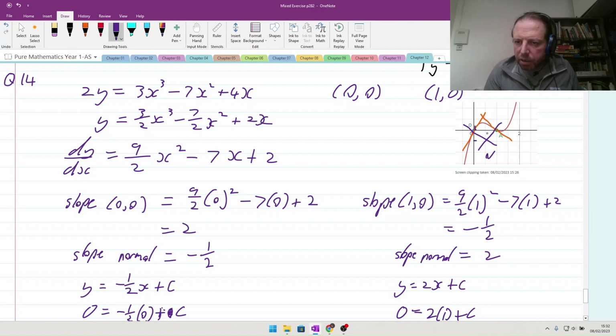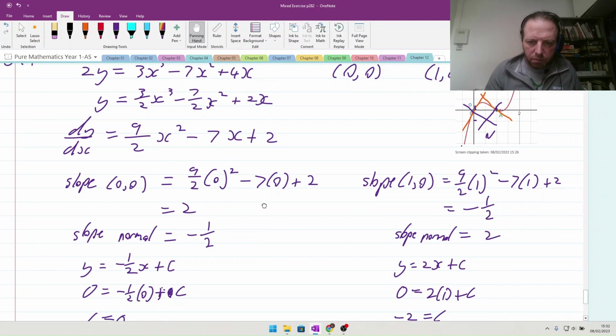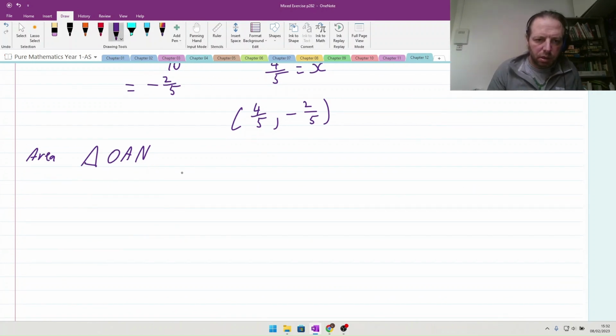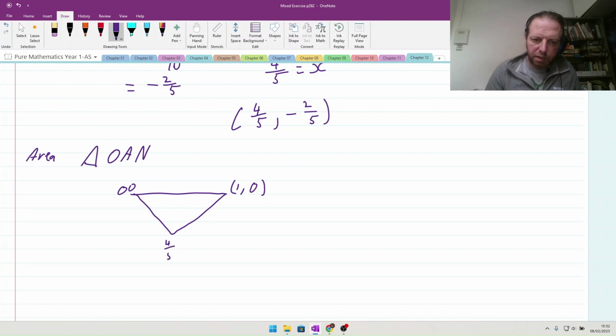So we know the height, we know the distance. Okay, so we can find out where we are, because that's 1. Okay, let's have a little look. So the triangle is like this, and we've got 0, 0, we've got 1, 0, and then we've got the 4/5, go on, minus 2/5.